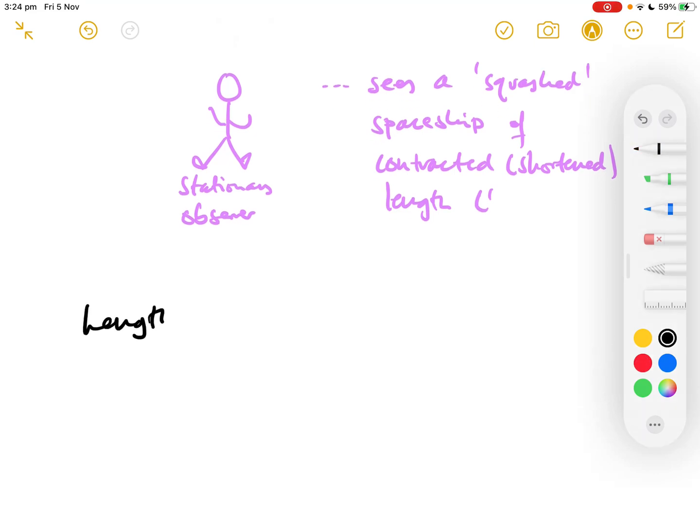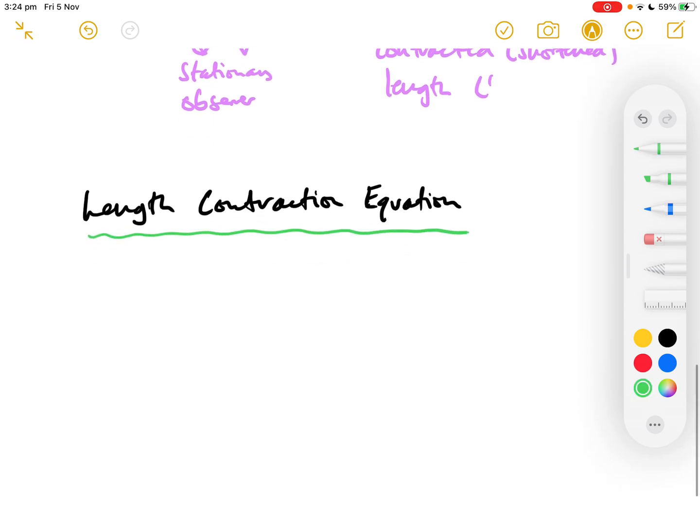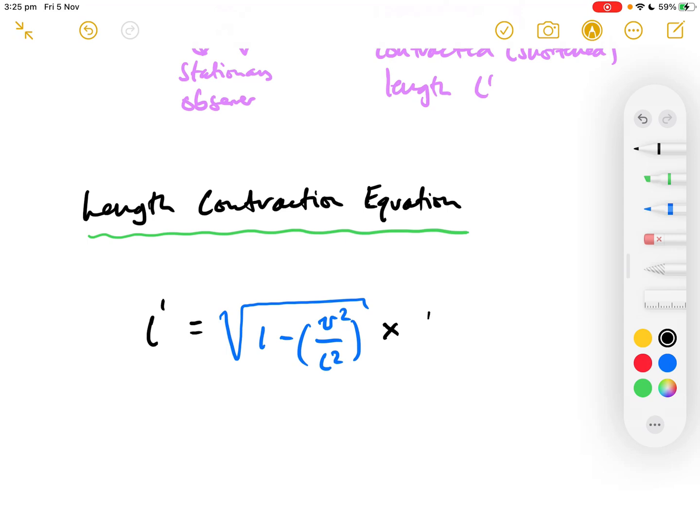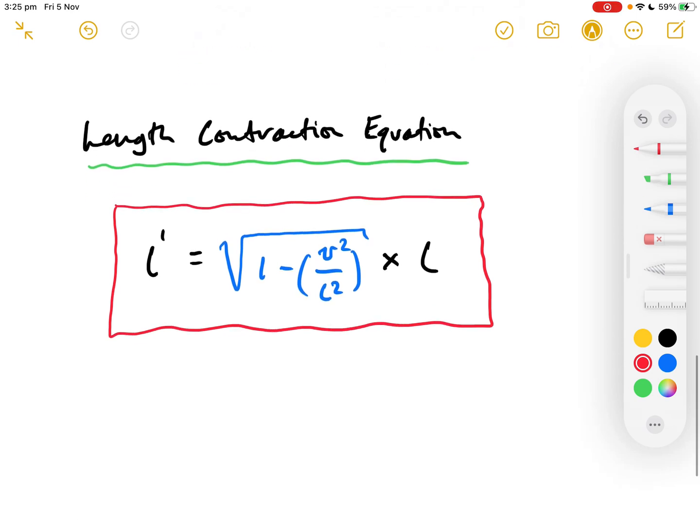Well, there's an equation and it's called the length contraction equation. And Einstein discovered that L dash equals the square root of 1 minus v squared over c squared, v being the velocity of the spaceship relative to the observer, times the proper length L. And that equation will be given to you in the list.